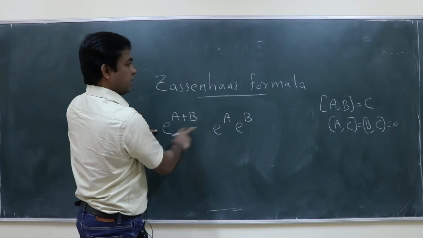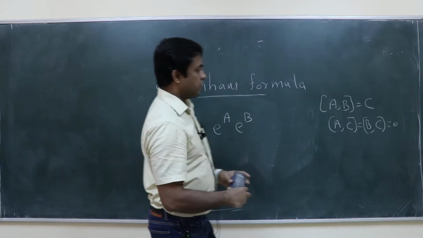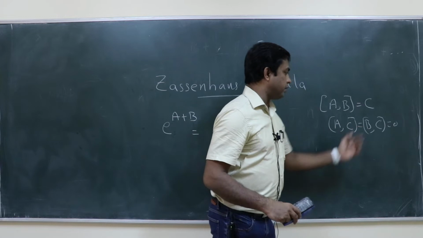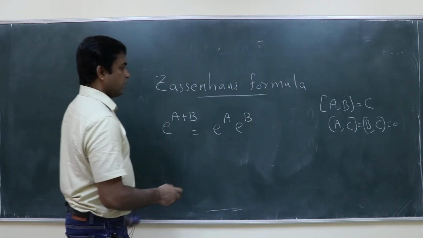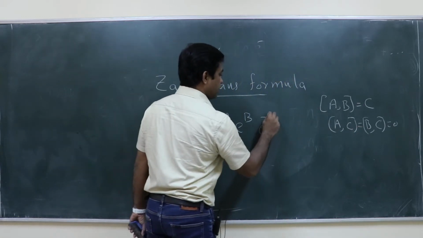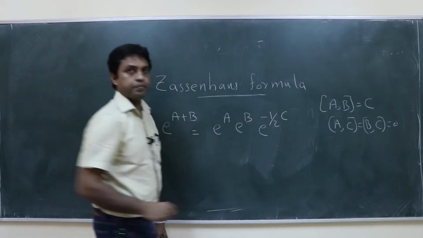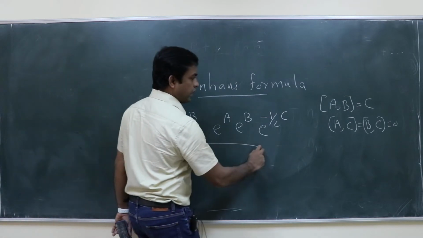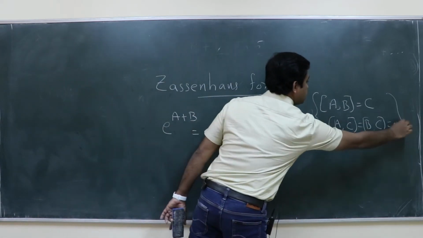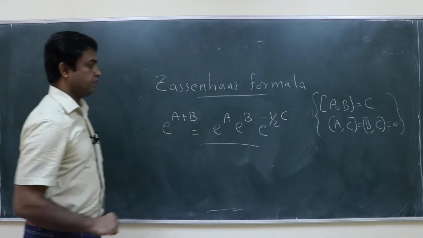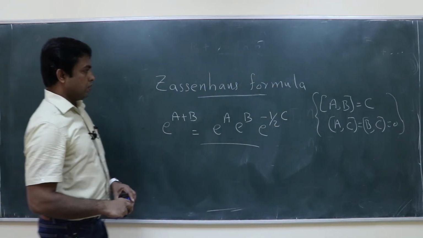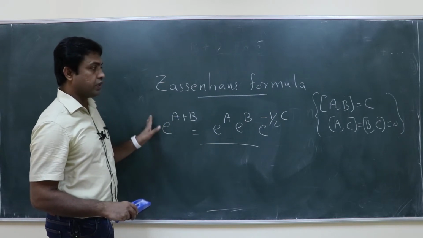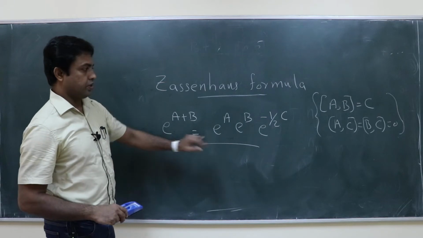This is one special case we are looking at, where the commutator of A with B is C and that C commutes with A and B. In that case we can write this as e power 1 minus 1 by 2 C. This is what you can do if these two conditions are satisfied: the commutator of A and B commutes with A and B.